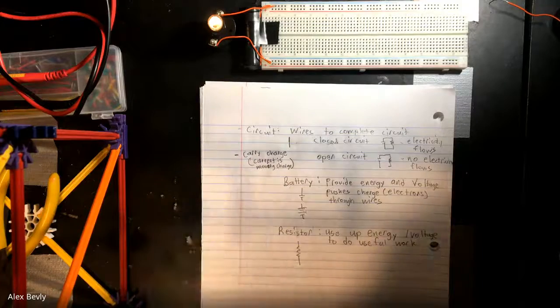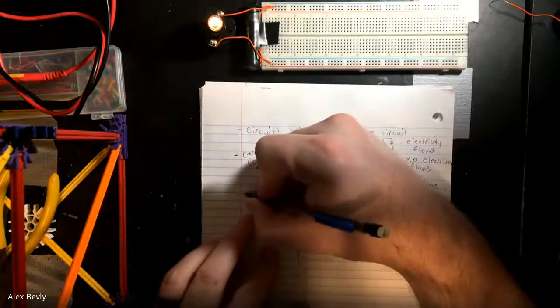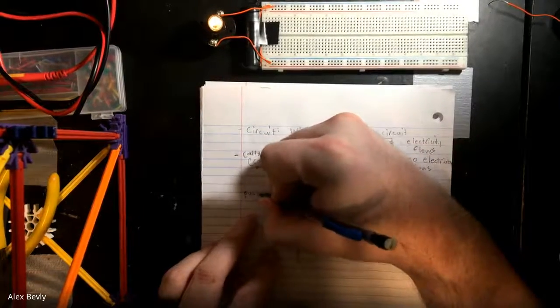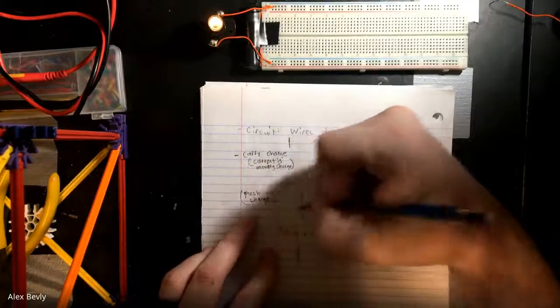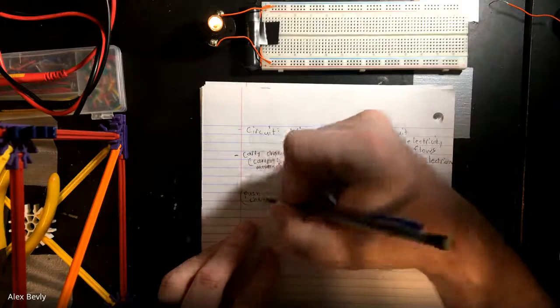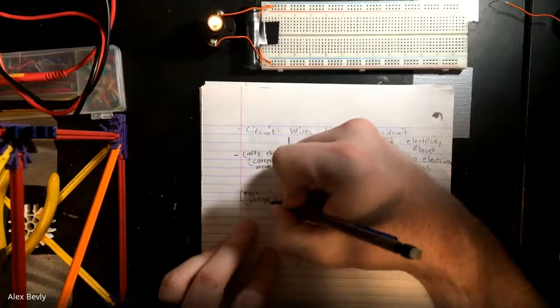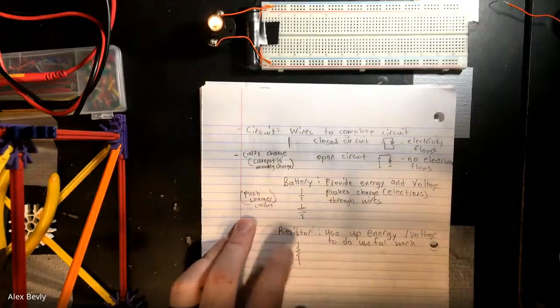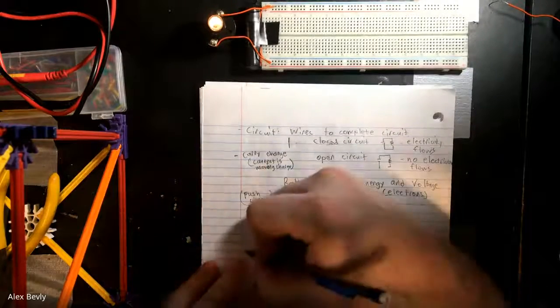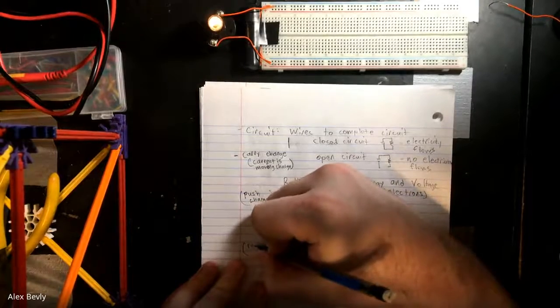So the wire carries the charge around. The battery is going to push the charge, or push the current. And then our resistor is going to use that up. It's going to resist the current.